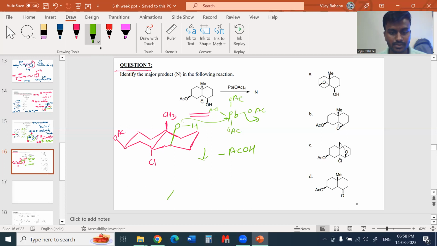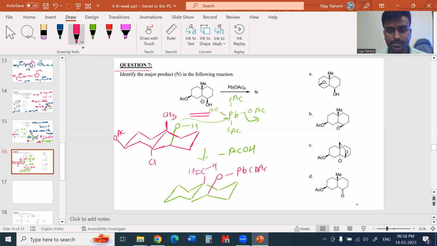So the intermediate is CH2H, here will be an O, Pb, OAc thrice, right? Since one AcOH is cleaved in this one, minus AcOH.